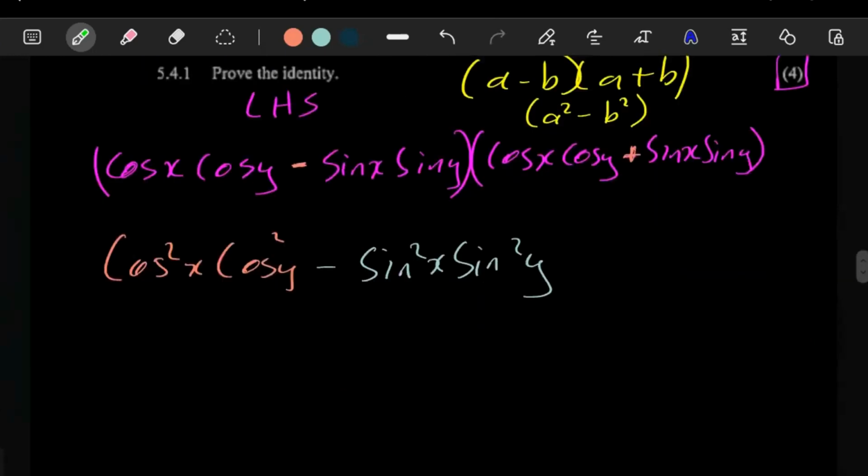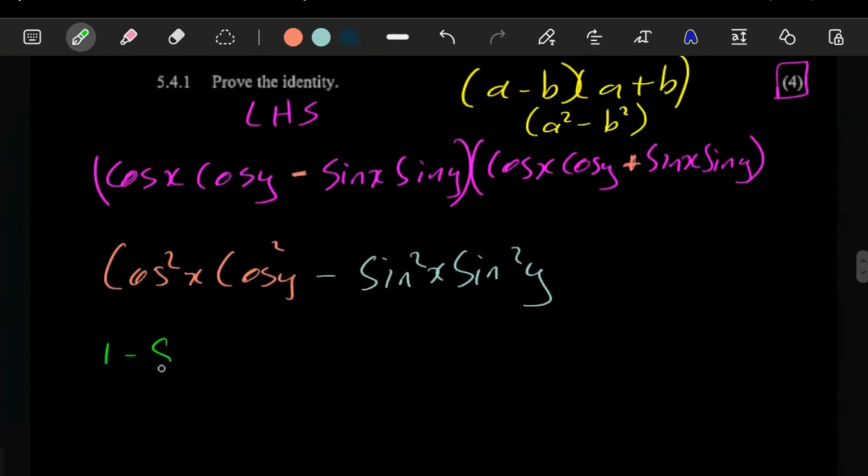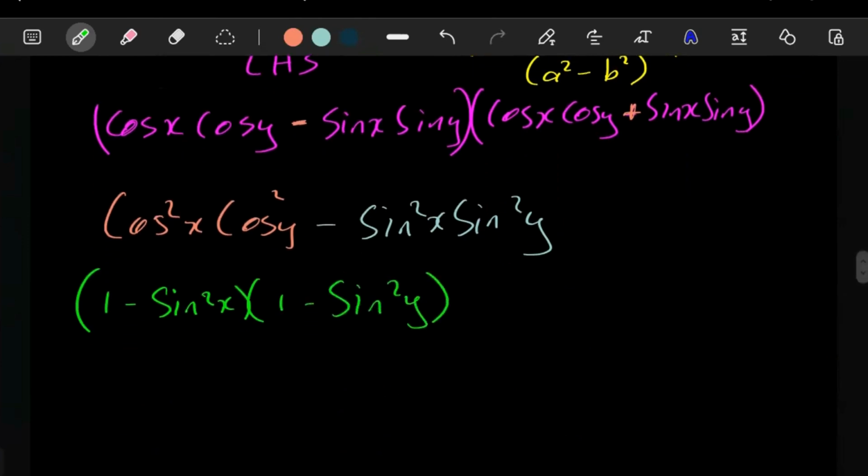So this is like 1 minus sine squared x. And this also you can say 1 minus sine squared y. And then this is like minus sine squared x, and then sine squared y.